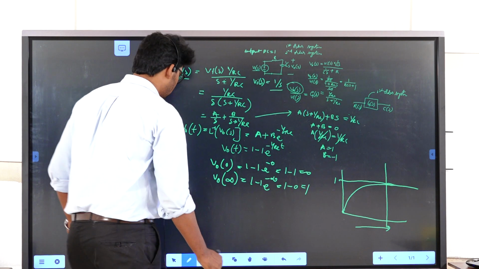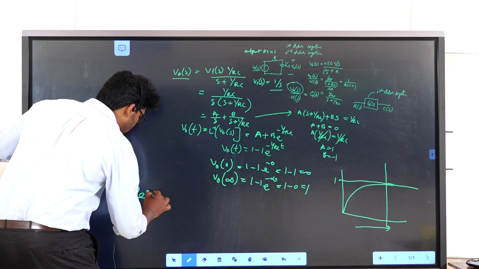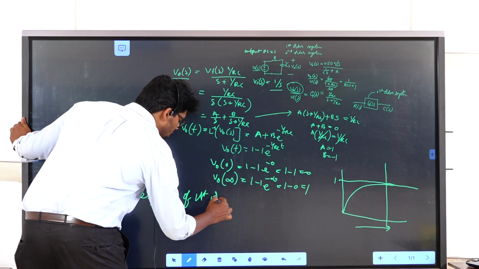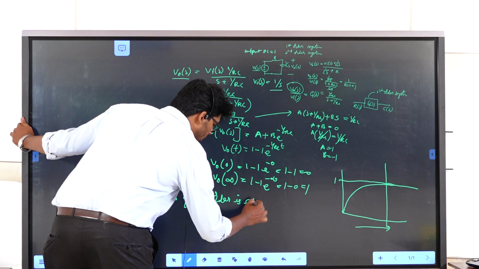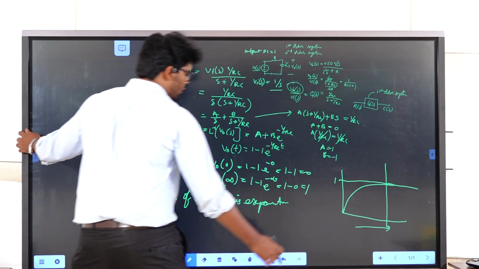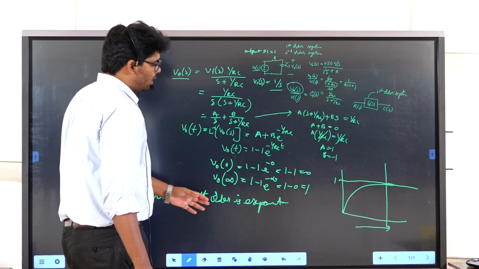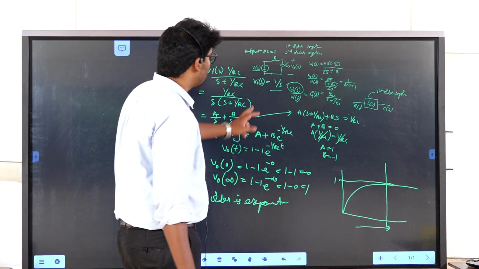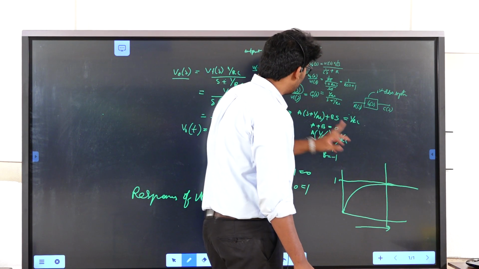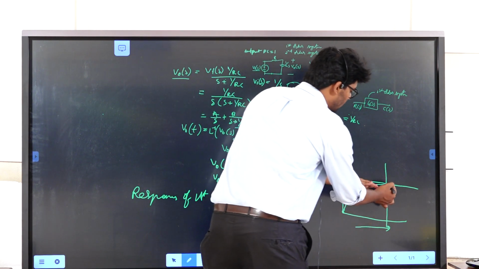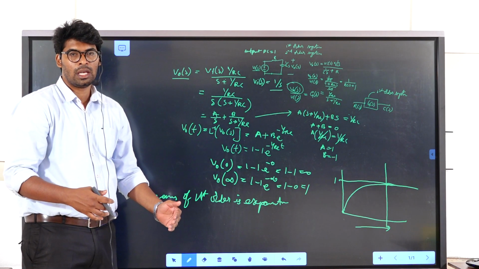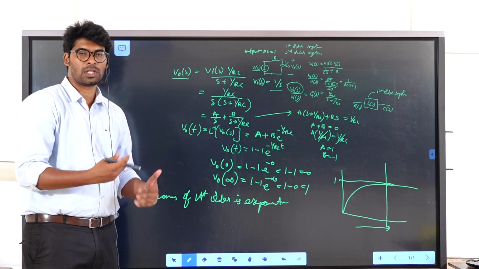For this I conclude the response of a first order system is exponentially increasing and reaches its final value. In another case, if a source is acting up to here, and now suddenly the source is removed, the response again decays. So exponentially increasing and exponentially decreasing is the character of the response of the first order system.